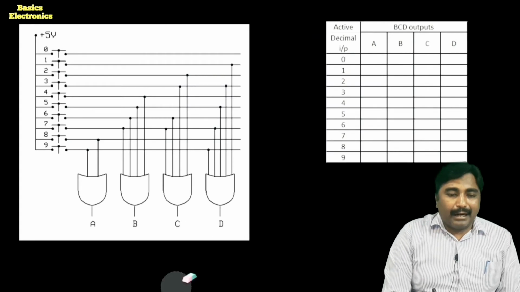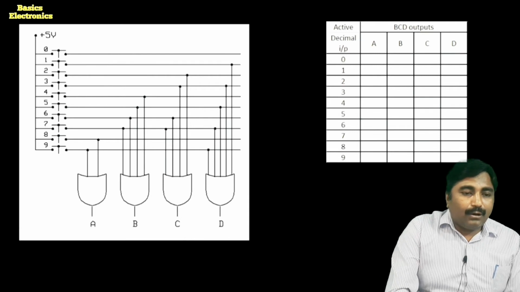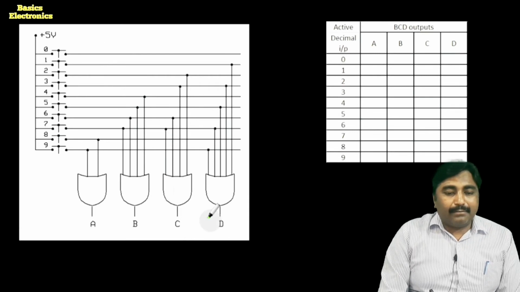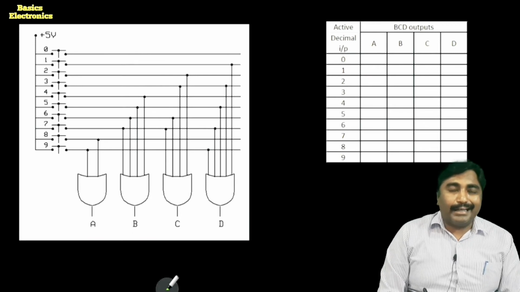Okay, so here we have the logic diagram of the decimal to BCD encoder by using the OR gate.